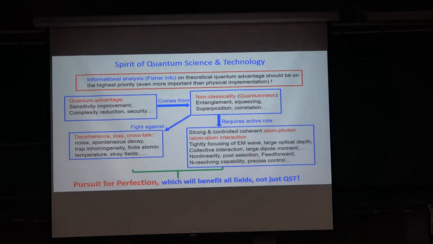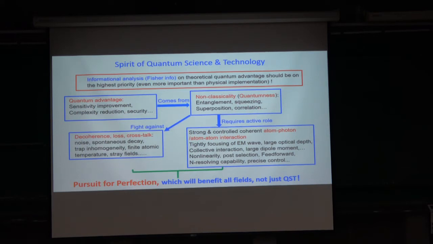And based on my personal research in the past decades, I feel that the heart of quantum science and technology is all here. Actually, I think we want to take some advantage out of quantum mechanics. What kind of advantage do you want to take?